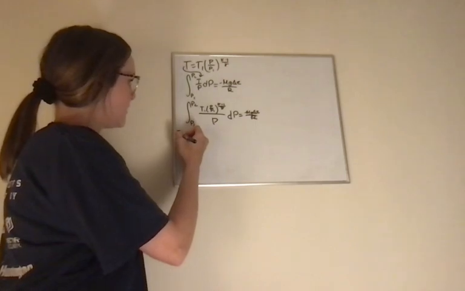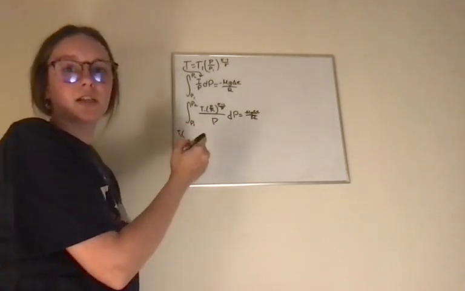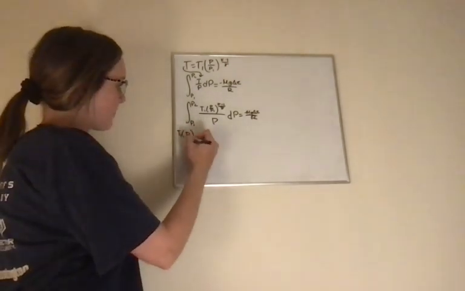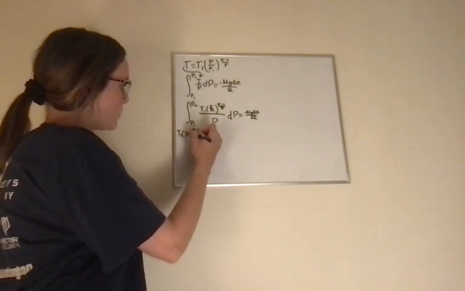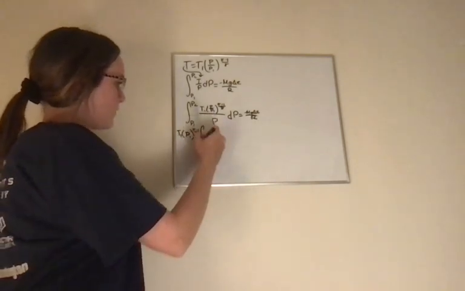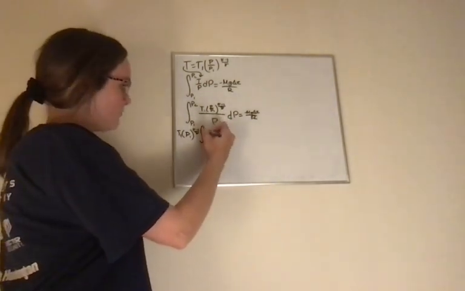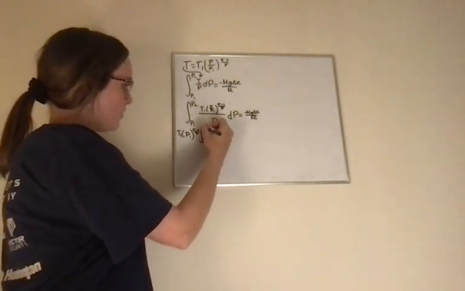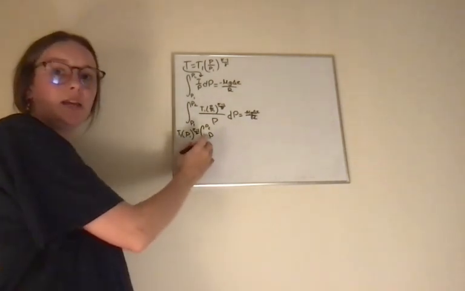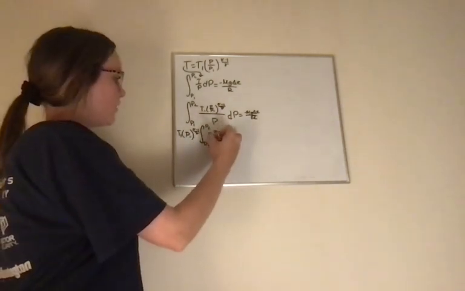So we're going to have T1 times P1 to the gamma minus 1 over gamma times the integral from P1 to P2 of P to the gamma minus 1 over gamma.